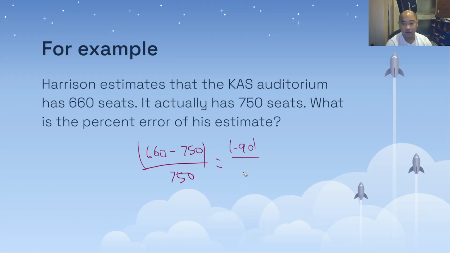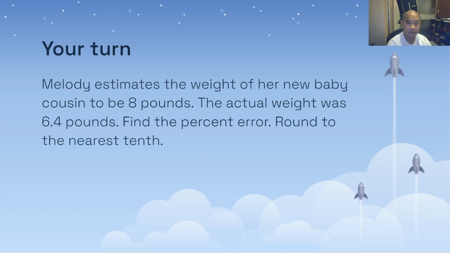The absolute value of negative 90 is 90 over 750. And that is 0.12, which is 12%. He was off by a mere 12%. Good guess, Harrison.